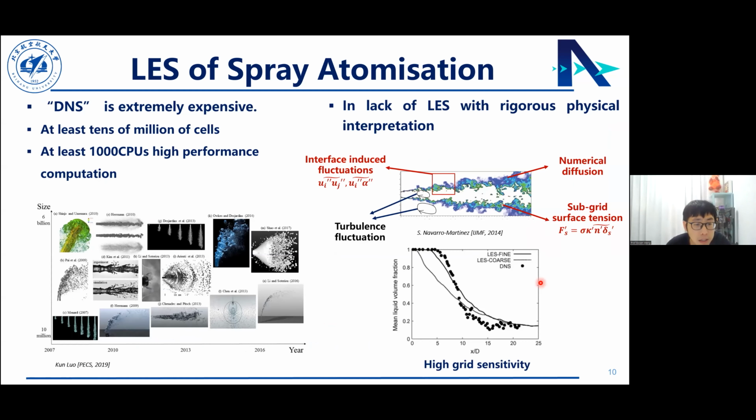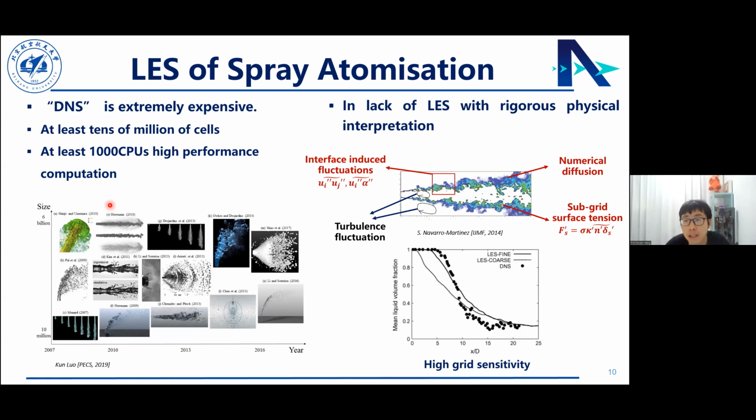They give a summary of the spray atomization simulations from 2007 to 2019. We will see most simulations need at least tens of millions of cells, and at least 1,000 CPUs for high performance computation. And currently there is a lack of LES with rigorous physical interpretation.